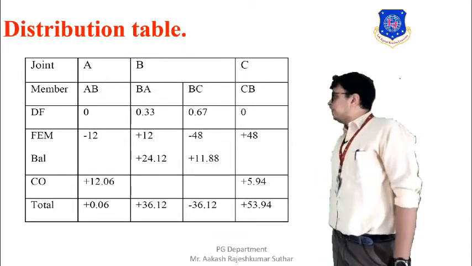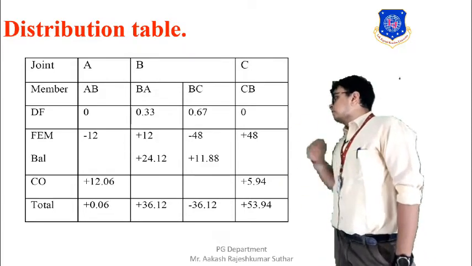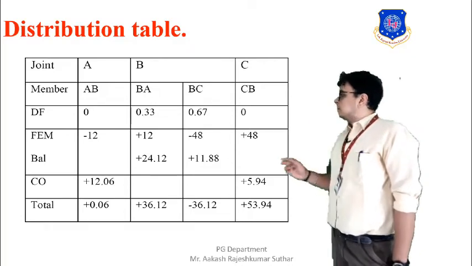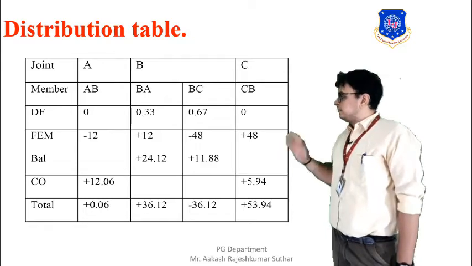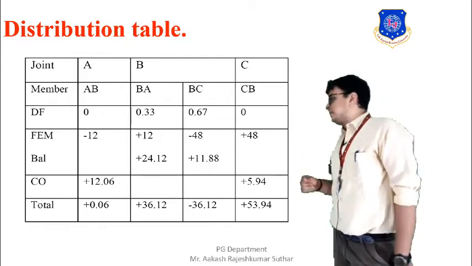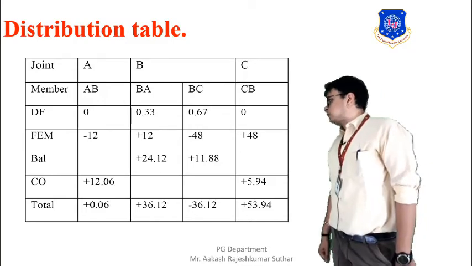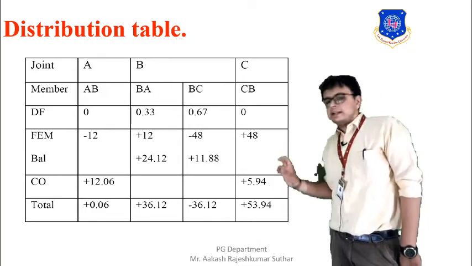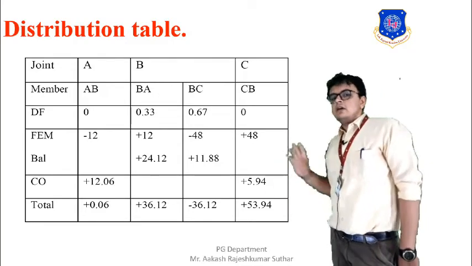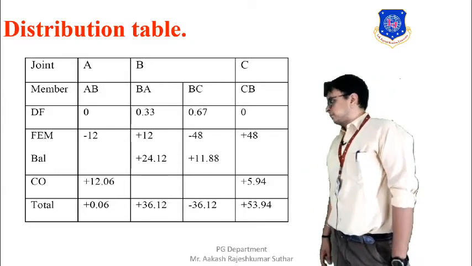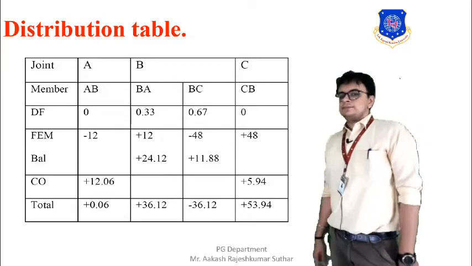So by doing so, you can see that at joint A for member AB, initially it was minus 12 and below we have got the positive 12.06. So finally we are getting the final moment of 0.06 kilonewton meter for member AB.